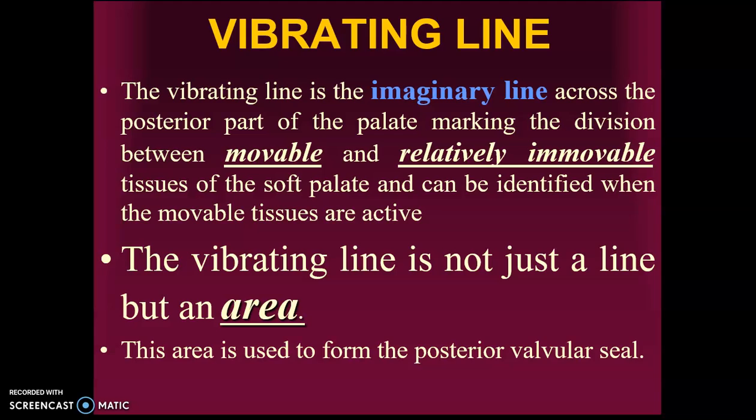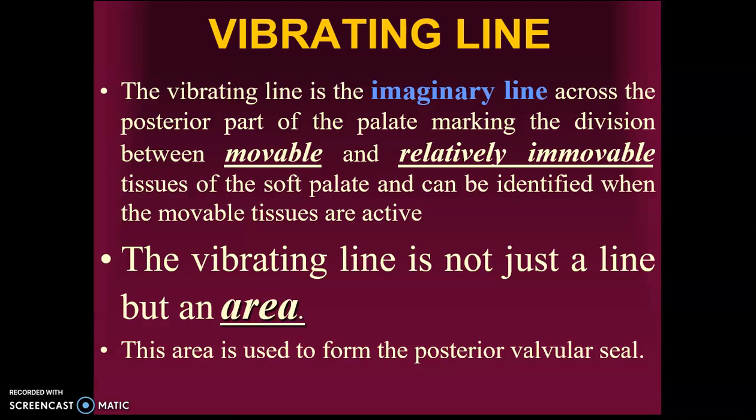Now, the main part. What is the vibrating line in the PPS area? PPS possesses both an anterior vibrating line and a posterior vibrating line. What is meant by vibrating line? It's an imaginary line at the posterior section of the palate that marks a division between movable and relatively immovable tissue of the soft palate.